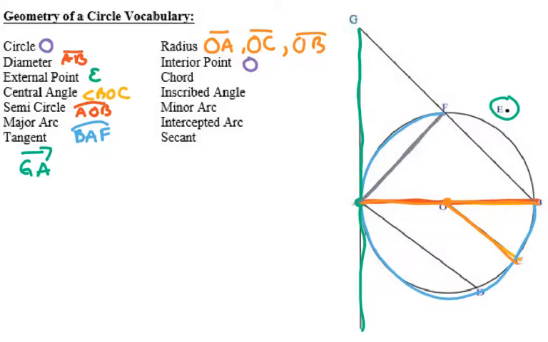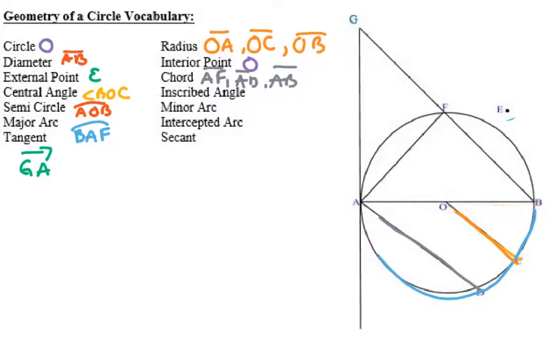Another chord would be AD. Now our diameter, we could also consider that a chord because it's going from one side to the other. Those would all represent chords of our circle. So we would have AF, AD, and AB.